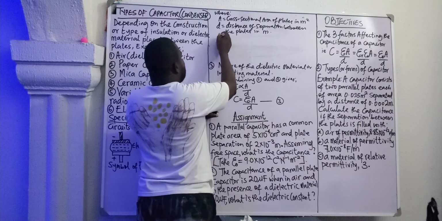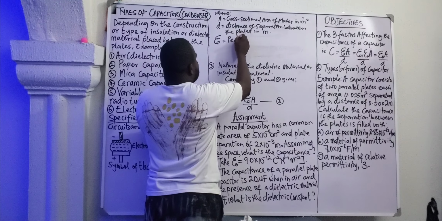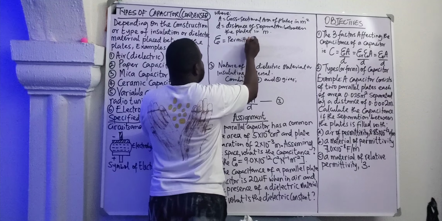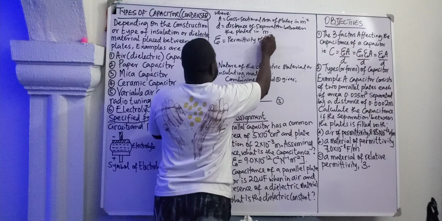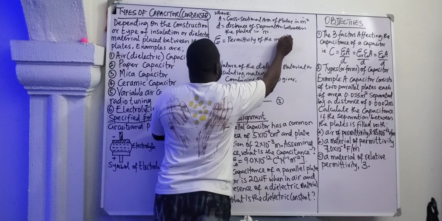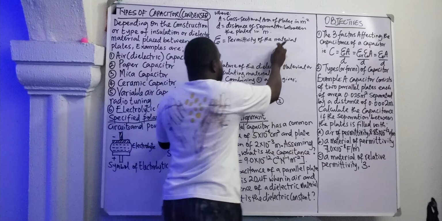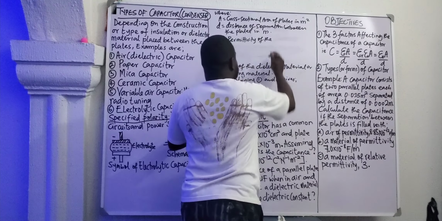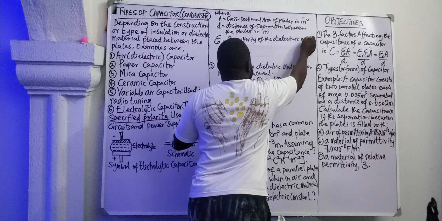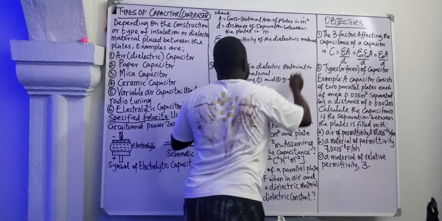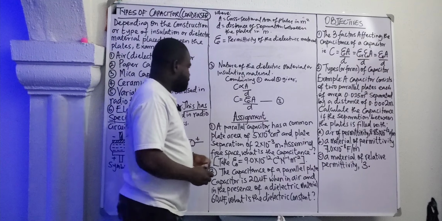Then I said here epsilon represents permittivity. We call it the permittivity of the dielectric material, of course representing the nature of the dielectric.